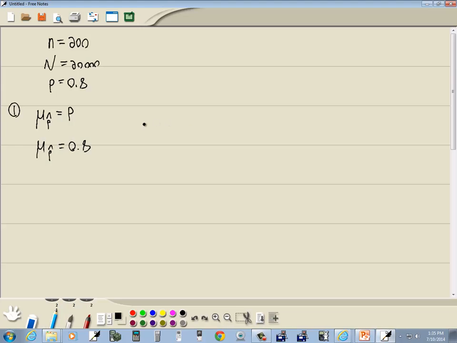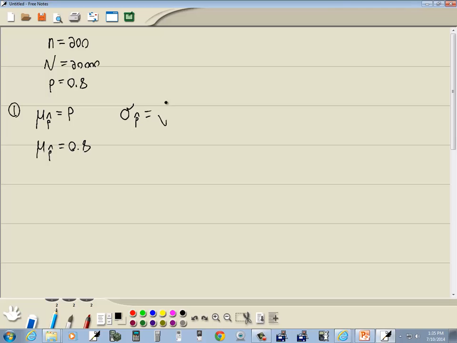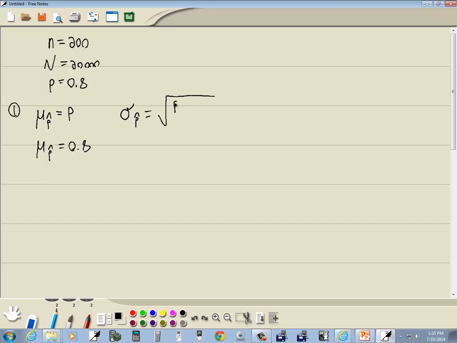Okay, sigma sub p hat. Remember, sigma is your population standard deviation. It is equal to the square root of p times 1 minus p over n. And p is 0.8 times 1 minus 0.8 divided by little n, which is 200.